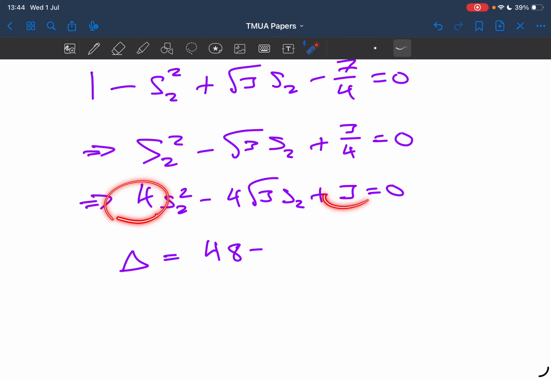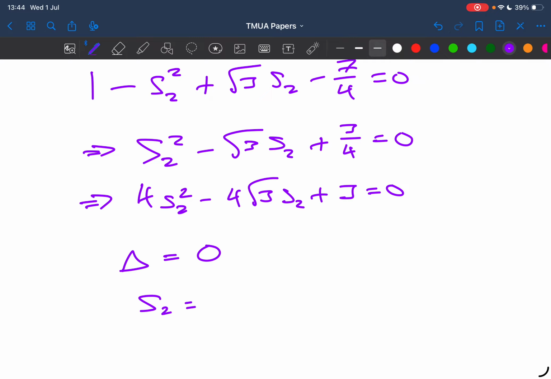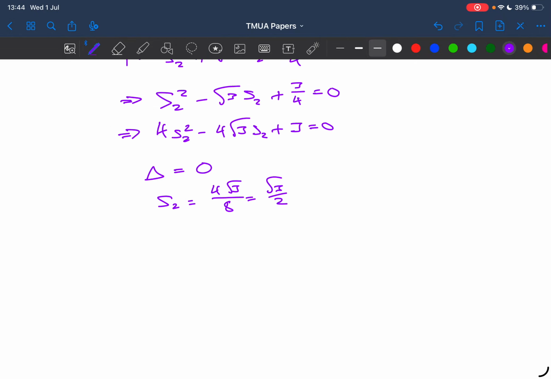So 4 times 4, 16 times 3 is 48. Okay, so discriminant is 0. So sine 2x must be equal to minus b, 4 root 3, over 2a, over 8. So root 3 on 2. That looks good to me.